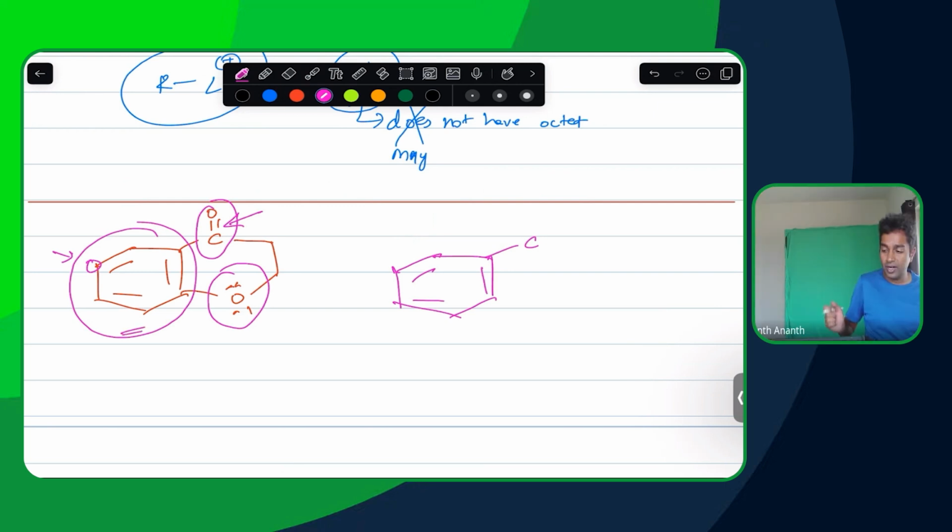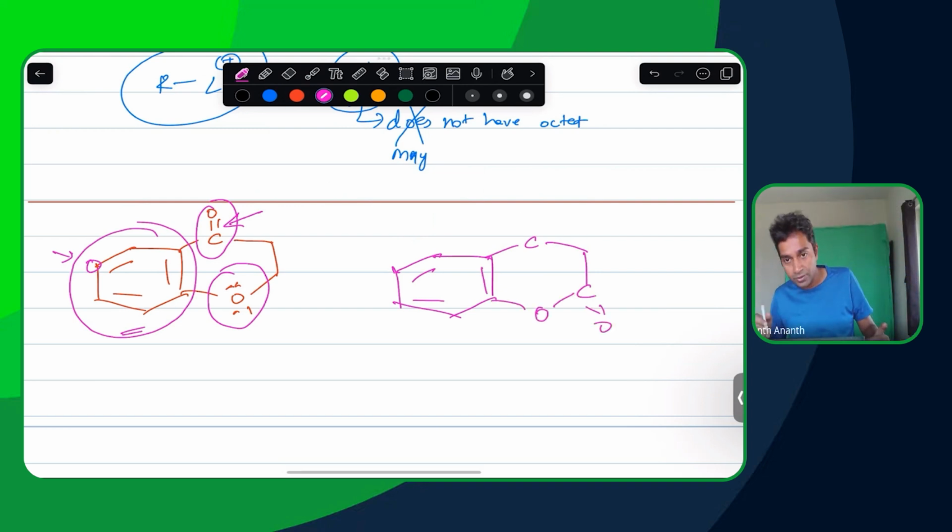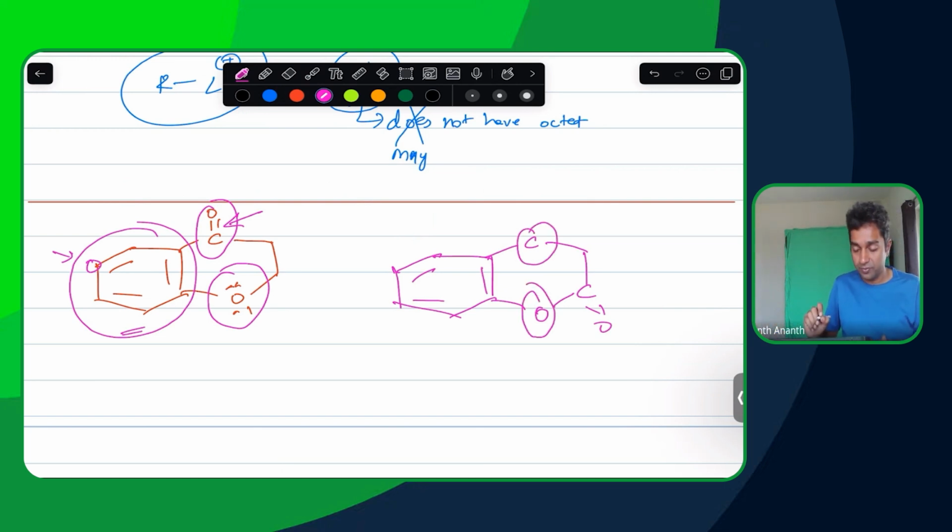Whereas in the case of four, the net electron density on the ring is going to be enhanced only, because there's a methyl or a carbon over there, which is definitely not that good a donator, but at least a donator by hyperconjugation. So you're going to be having both being donators here, which means this ring is going to be more electron rich compared to the ring in one.